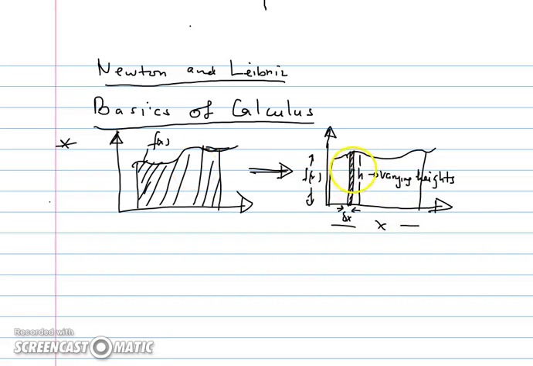So this is number 1, this is number 2, each an infinitesimal element, and you can sum up all of them throughout. There will be varying heights depending on the location.